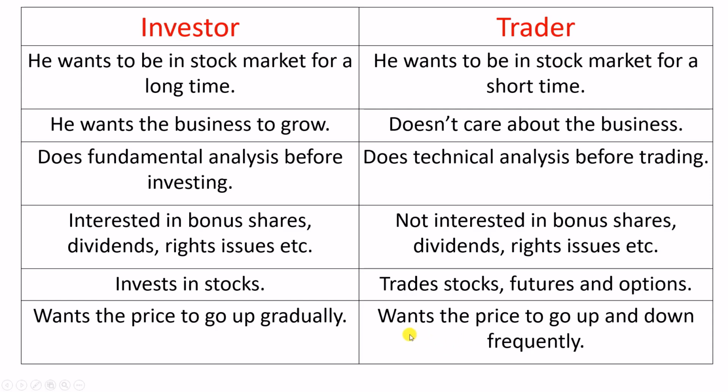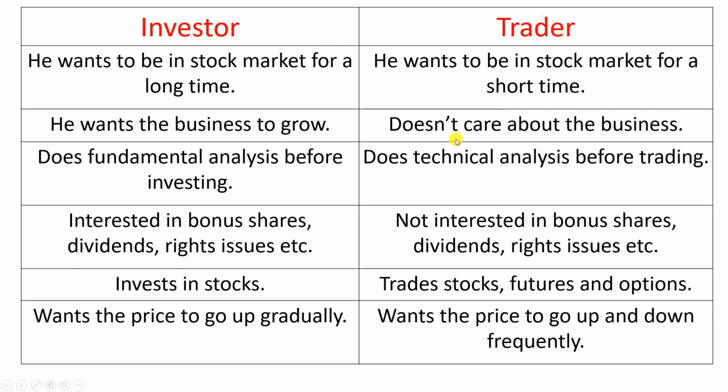So the trader wants the price to go up and down frequently. These are the features of an investor and a trader. People with a small amount of money, people like you and I, can be either an investor or a trader.